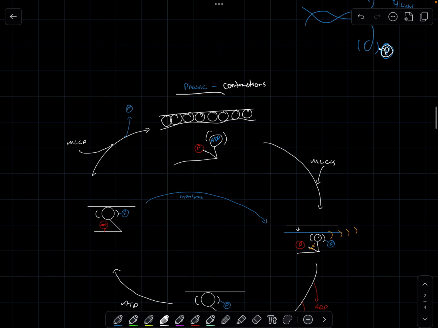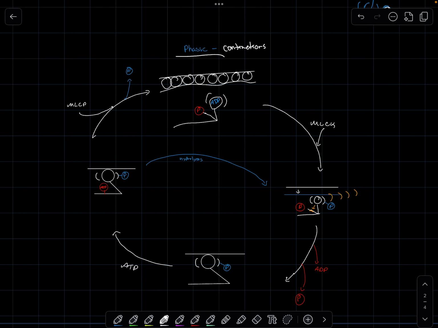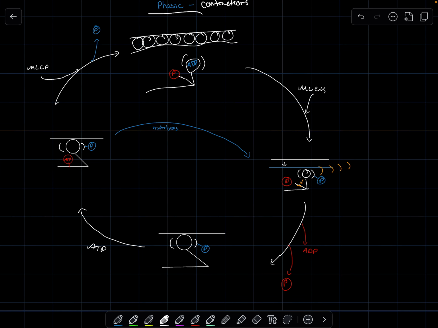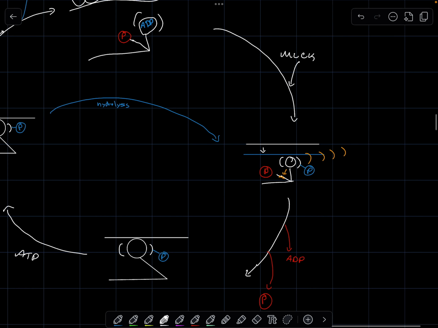Okay, now I'd like to take a look at phasic contractions. Here we have our cross-bridge cycle. We'll start off with ATP being hydrolyzed and forming ADP and phosphate. MLCK will come in and phosphorylate, so it's going to add that blue phosphate.